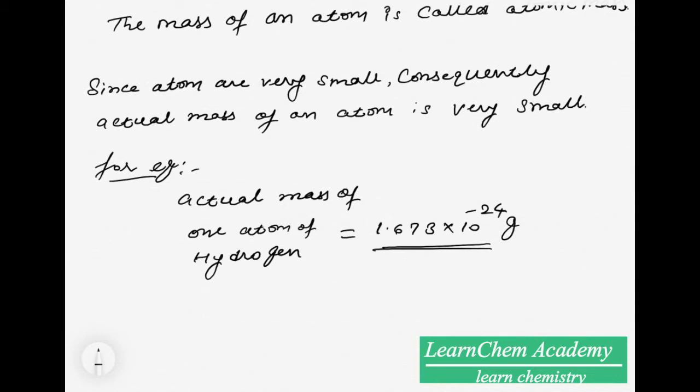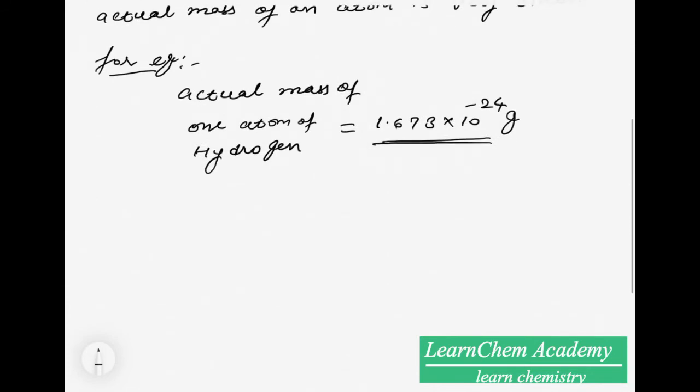That's why all atoms and their atomic masses are very small, and they come in fractions every time because they are relatively very small. That's why, for our convenience, we use relative atomic mass, which we will discuss further.